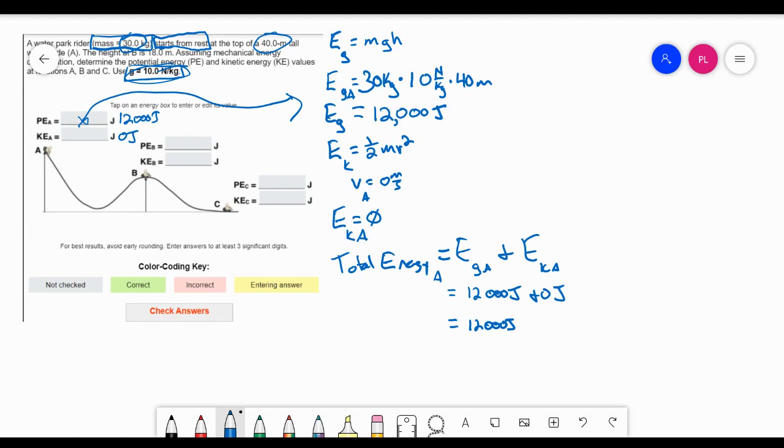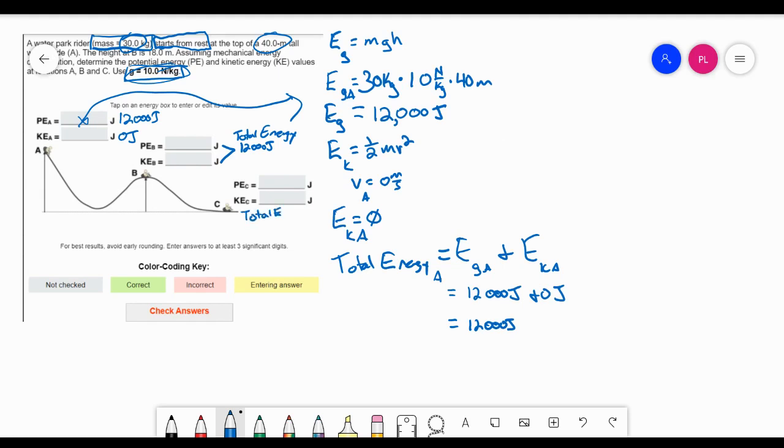But that's the total energy at A, and everything is in our system, so that means that's the total energy at A. That also means that it's the total energy at B. So these two should add to 12,000 total. And it's a closed and isolated system, so that means that these last two should also have the same total energy.